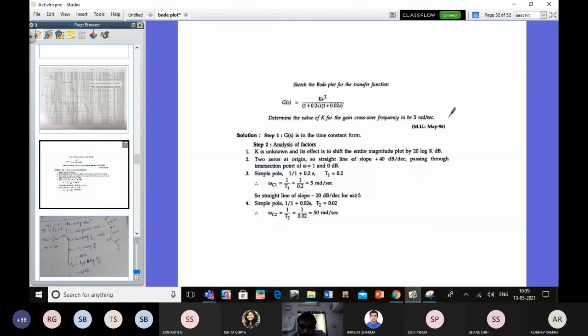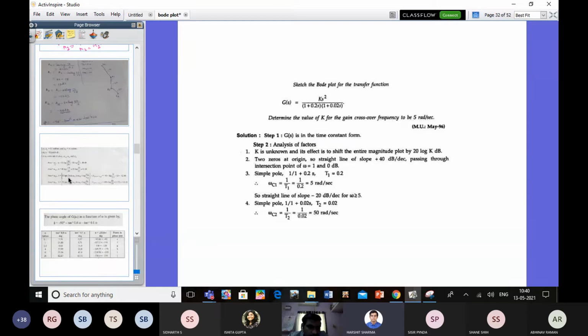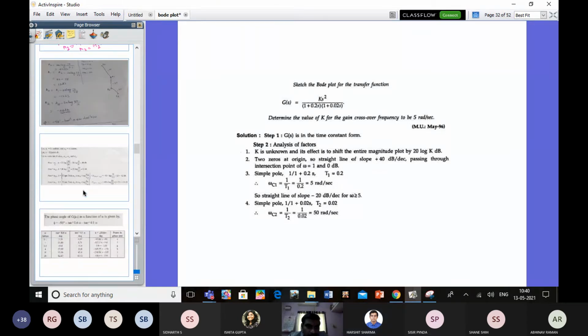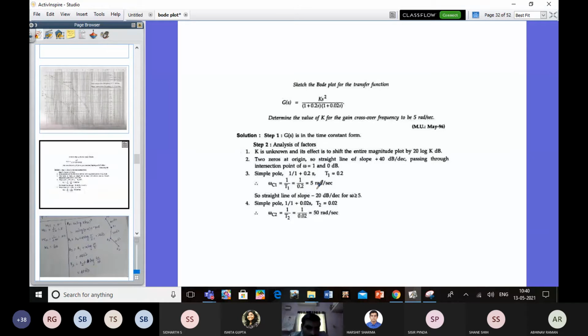So this problem is entirely different. Compare the previous problem and this problem. In the previous problem, K was given. Here we have to calculate K. Very good, dear. Here we are going to determine the value of K when the gain crossover frequency is 5 radians per second.